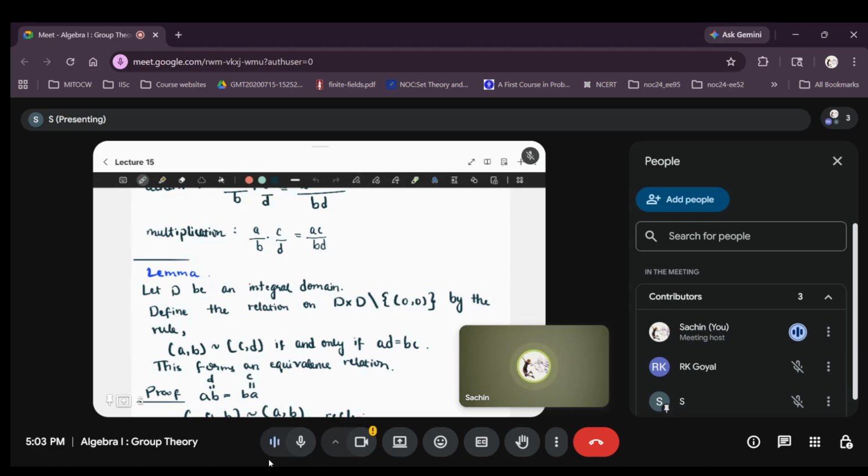So if (a, b) and (c, d) are in the same equivalence class, then ad will be equal to bc. So as equivalence classes, if I write a by b is equal to c by d, then what I actually mean is that (a, b) is related to (c, d), which means that ad is equal to bc.